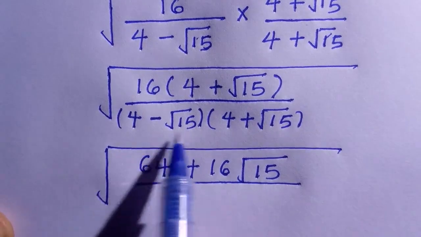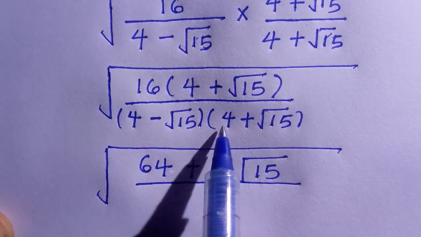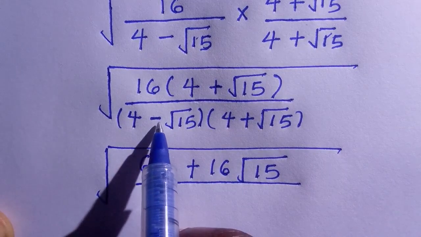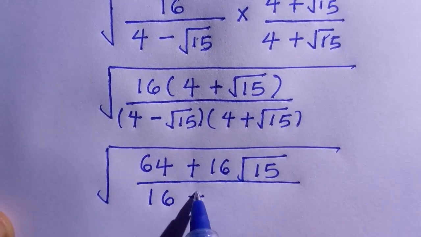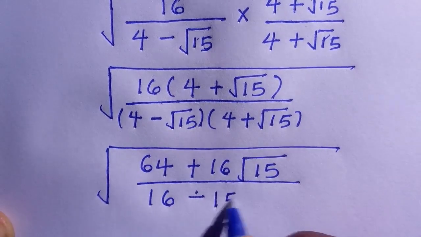divided by, here is just like the difference of two squares. That is, we multiply 4 with 4, which is 16, and here minus multiplied by plus, we have it as minus. Then root 15 multiplied by root 15, that is only 15.